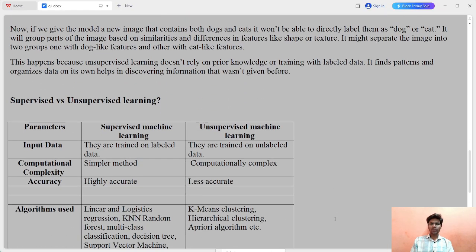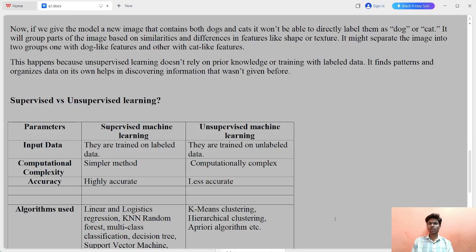Now, if we give the model a new image that contains both dogs and cats, it won't be able to directly label them as a dog or cat. It will group parts of the image based on the similarities and differences in features like shape or texture. It might separate the images into two groups, one with dog-like features and the other with cat-like features.